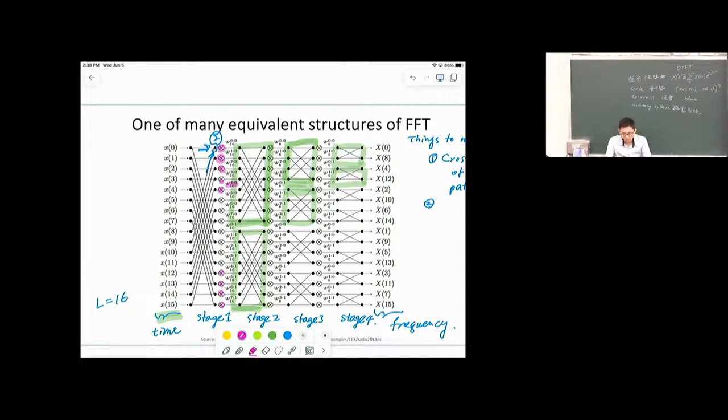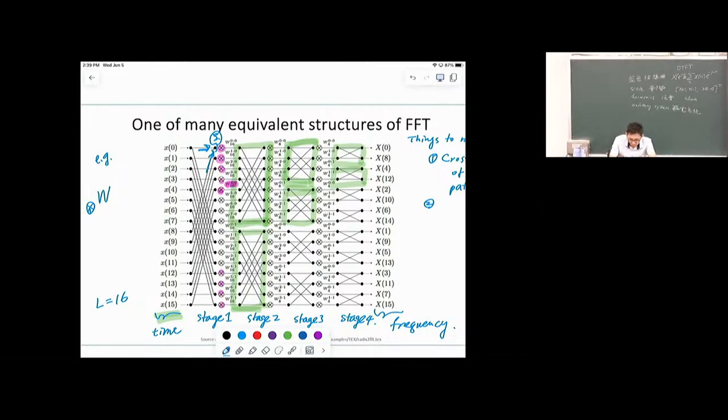Here, we multiply with a factor of W, for example. We just indicate the multiplication factor right here next to the multiplier. Okay, that's the way we read this plot.